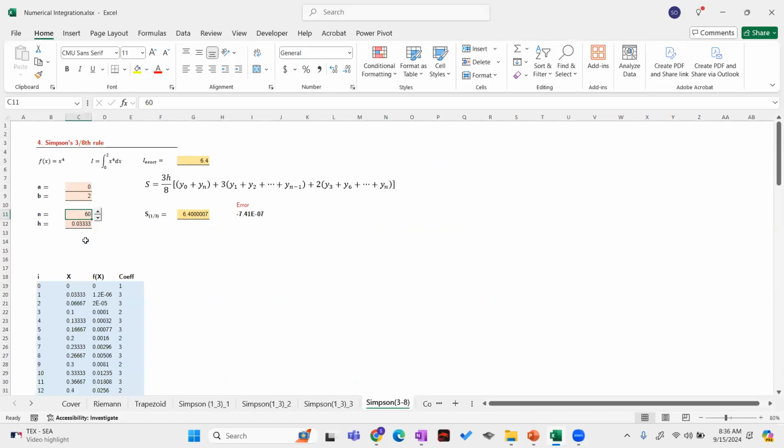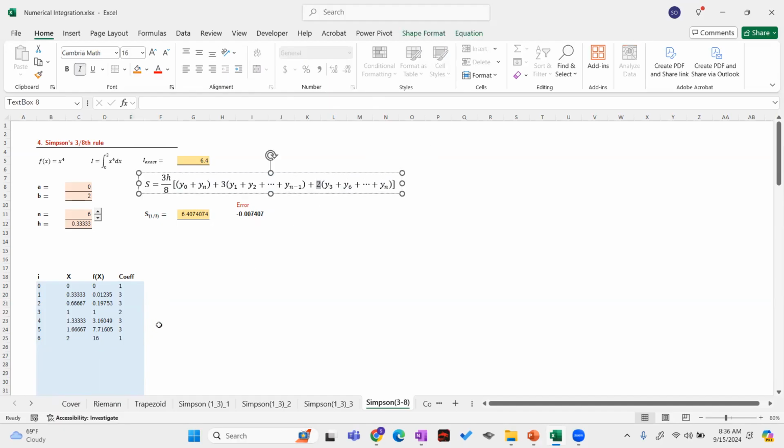Let me make it 6. 6 is an allowed number because this is a multiple of 3. We need something that is a multiple of 3. So this is fine. First coefficient is 1, last coefficient is 1. Then we have, for y1 it is 3, y2 it is 3, but for y3 it is 2. Okay, and this process continues.